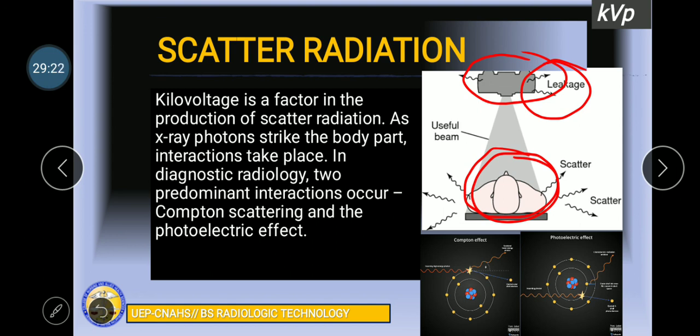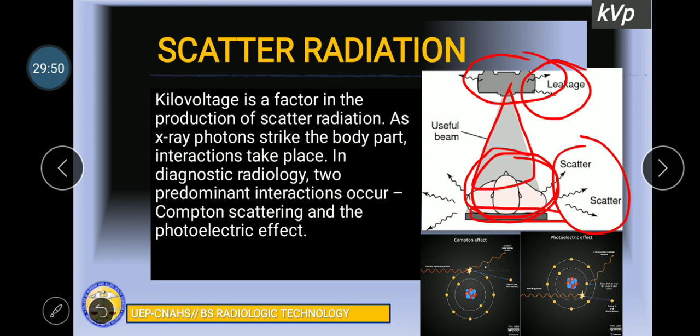So, those radiation that are emitted in the useful segment called the window are called the primary beam or the useful beam. Once they interact with the human body, some of which do not intercept with the image receptor and are just scattered radiation. Yung mga tumagos talaga, yung mga nakapenetrate, yun yung tinatawag nating remnant radiation.